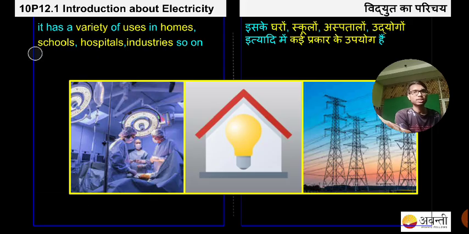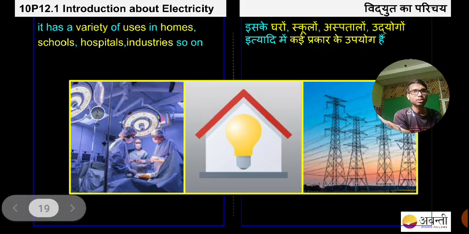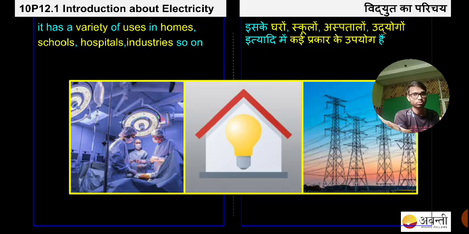In a hospital, we see all this happening. This device is working. All these devices are working because electricity is flowing through them. Inside the home, we see there are a lot of bulbs, fans, and computers, and all this works when electricity flows.